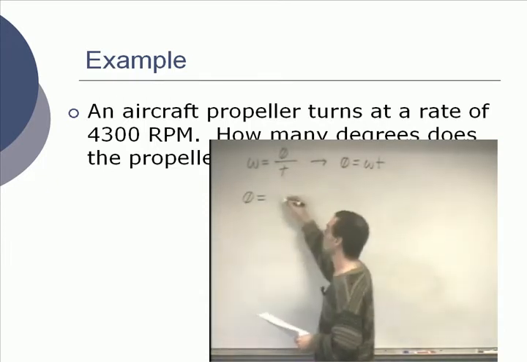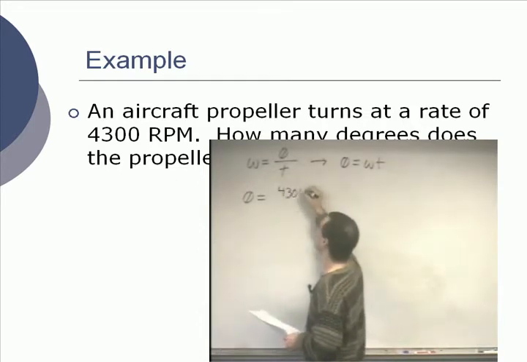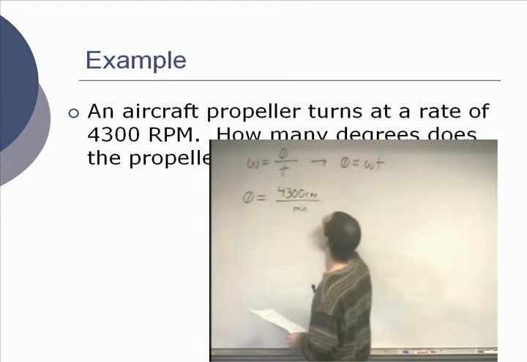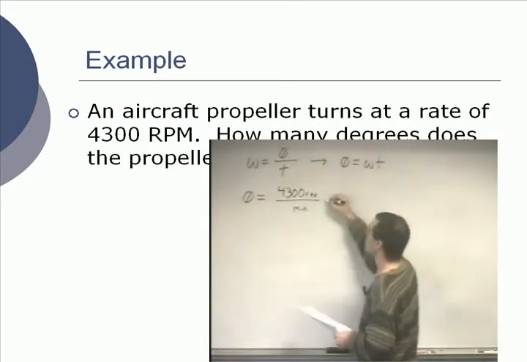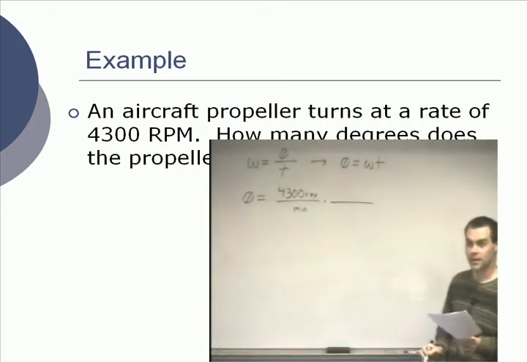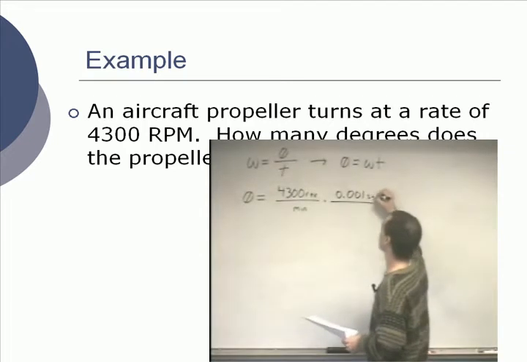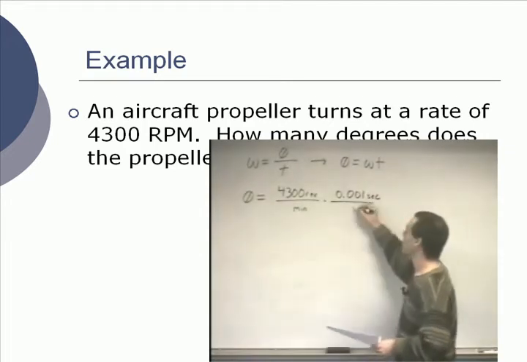So then we know that our angle, how many degrees does it turn? That's going to be omega, which we know to be 4,300 revolutions per minute, times t, which is 1 millisecond, or 0.001 seconds. We can put a 1 underneath there.